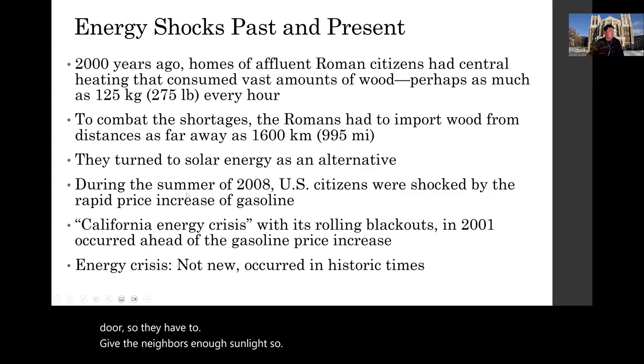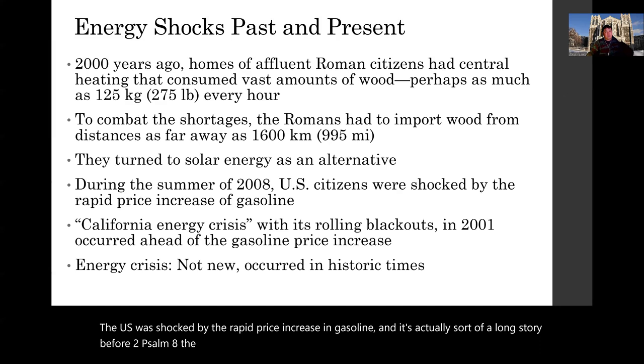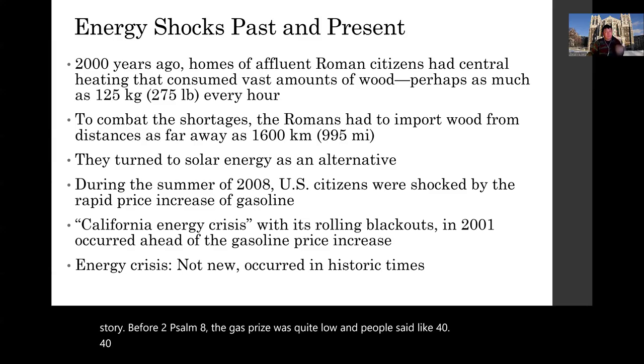In the summer of 2008, and also a few years ago, the U.S. was shocked by the rapid price increase in gasoline. It's actually sort of a long story. Before 2008, the price was quite low, at like $40 a barrel.